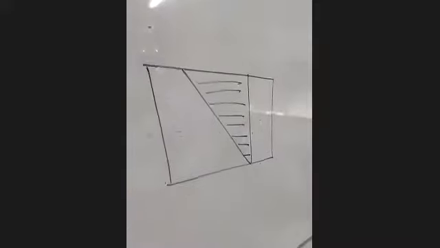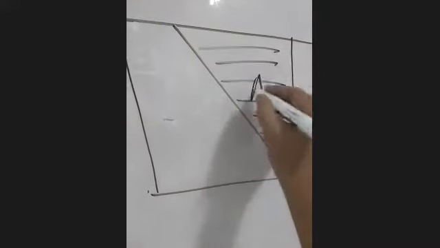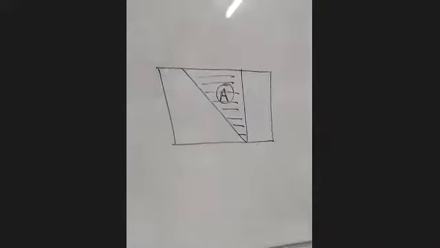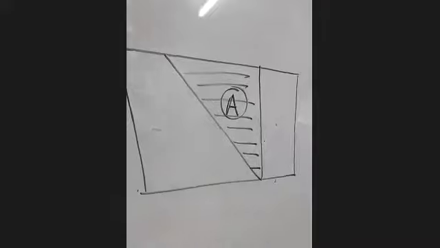Yeah, let's try together. We have this flag, right? Inside it, we have a yellow part, right? And they want from us to find the area of this yellow part, right? So this part is what here? What do we call it? A triangle.